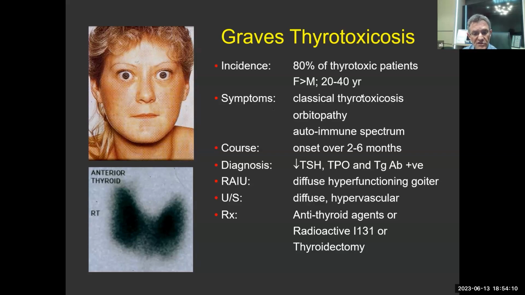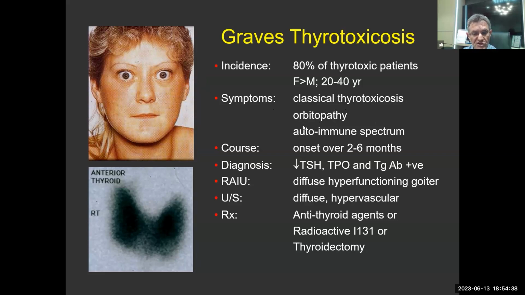So one is that's related to the increased sympathoadrenergic system, stimulating the heart rate, tremors, sweating, palpitations, the effect of the thyroid hormone on the nervous system directly, and the effect of thyroid hormone on the peripheral nervous system.